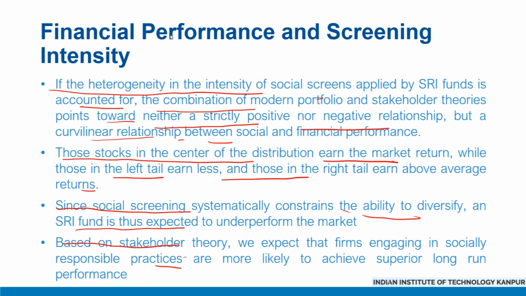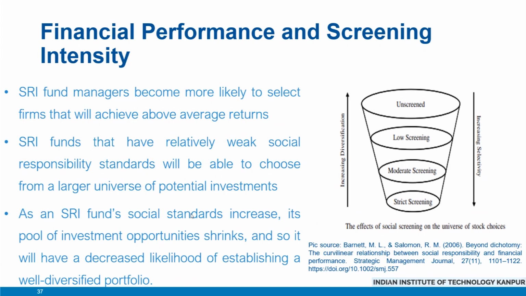Thus, as a result of using social screens that exclude firms with poor stakeholder relations and funnel in firms with good stakeholder relations, we can expect these kinds of SRI fund managers to be likely to select firms that will achieve above average returns and less likely to select firms that will earn below average returns.